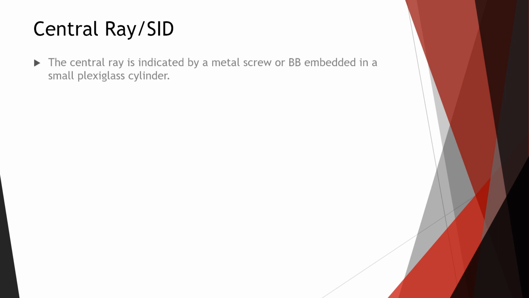Another parameter is the central ray and SID. We talked about the collimators, and we talked about the exposure techniques that we set at the console. Now we'll talk about the central ray.